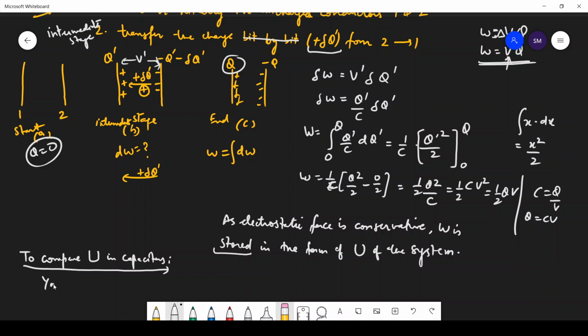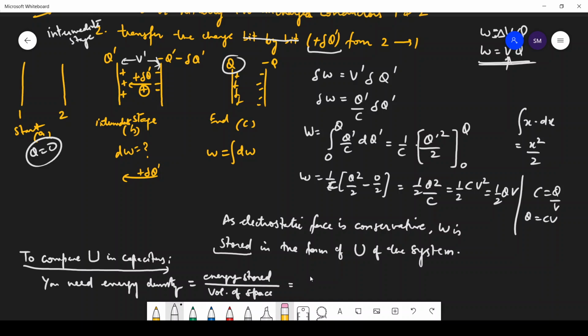So what is the energy density? The energy density is the energy stored divided by the volume of space between the plates of the capacitor.